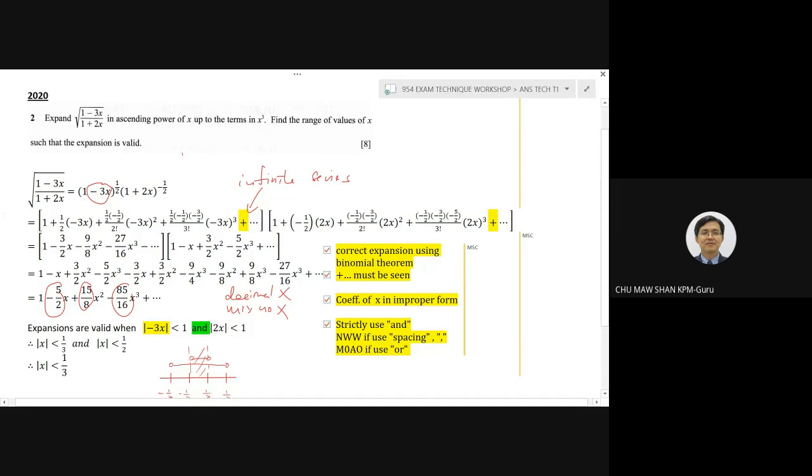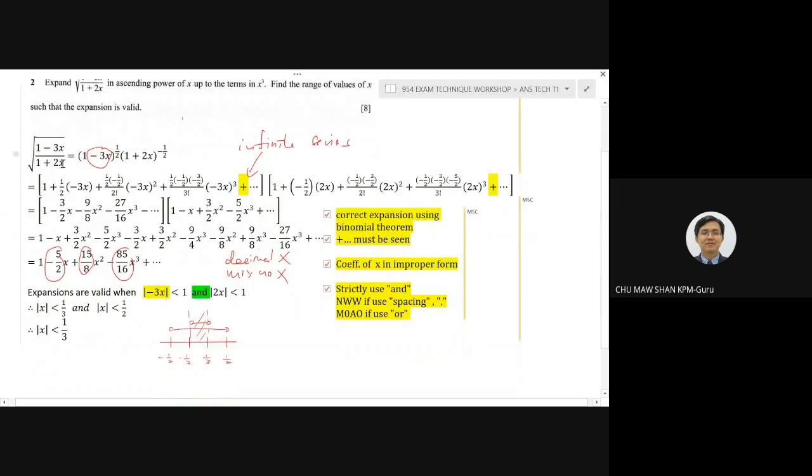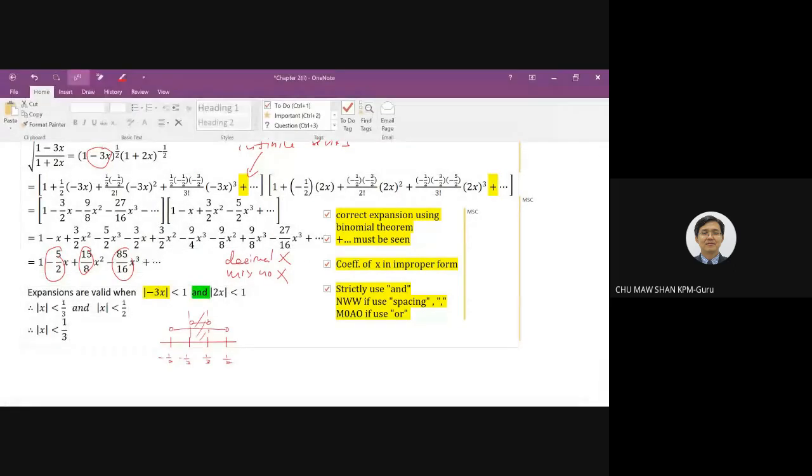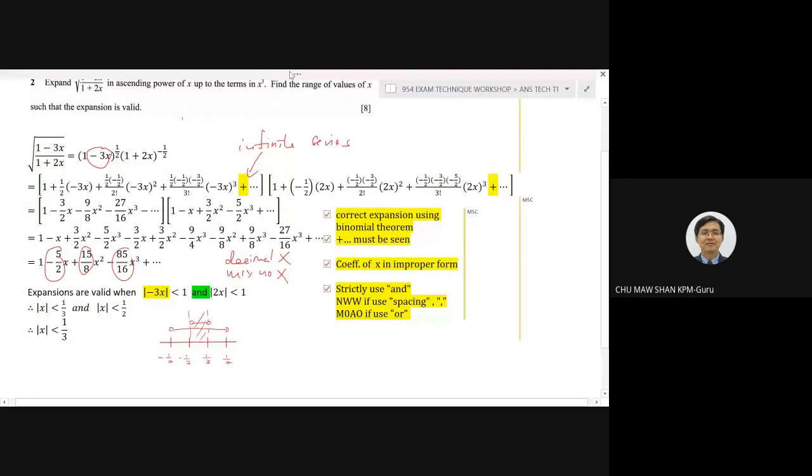Okay, ada kalanya dia allow, ada kalanya dia tak allow. Tapi yang kita pakai yang standard, sentiasa guna yang standard, which is improper. Alright. You see, now we have 2 expansion going on. For this whole expansion, ada 2. So when we check the validity of these 2 expansion, we have to consider both the condition. Kerana wait.